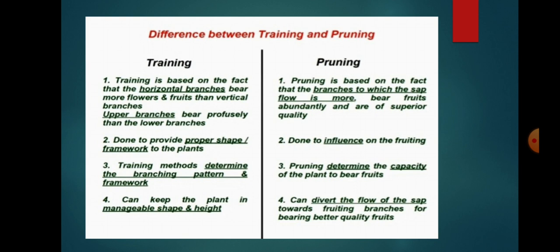Pruning can divert the flow of sap towards the fruiting branches by niching, notching and girdling, so that fruit quality is retained. This is about the difference between training and pruning.